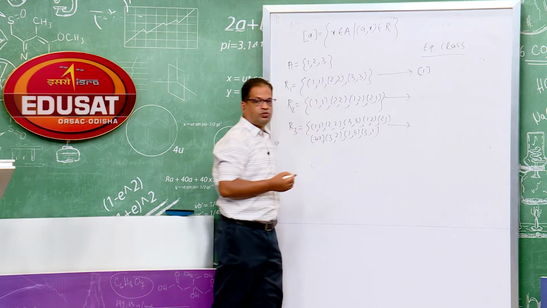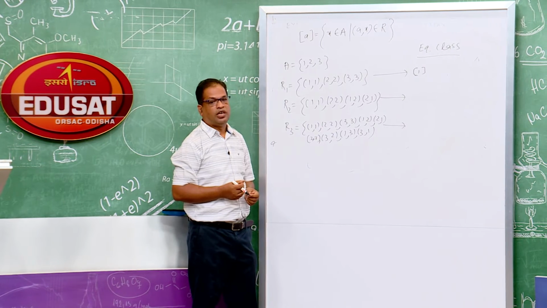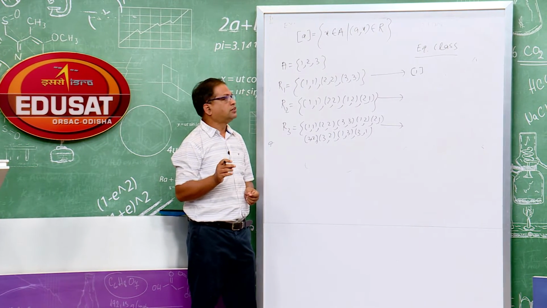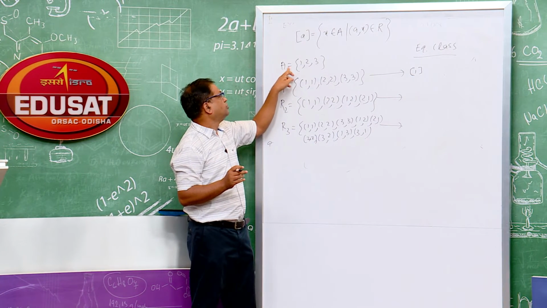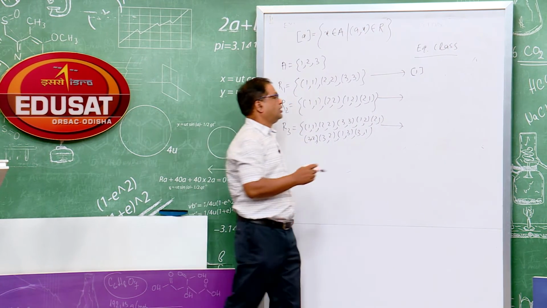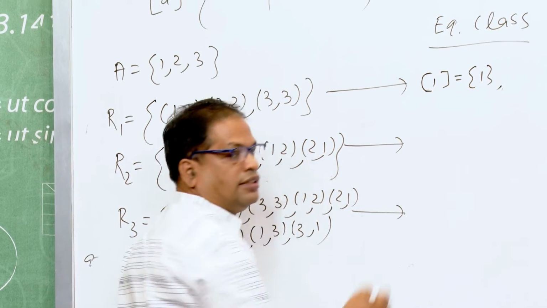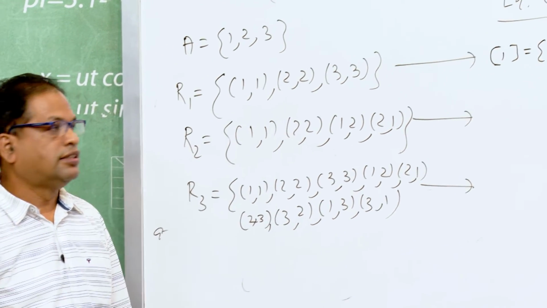It is denoted in the square bracket in this notation. So, what is the equivalence class of 1? The set of elements of set A which are related to 1 by the relation R. Here 1 is related to 1. So, the equivalence class of 1 is the singleton set {1}.